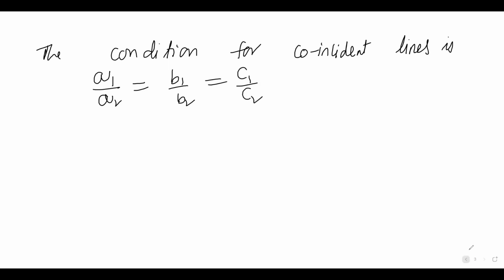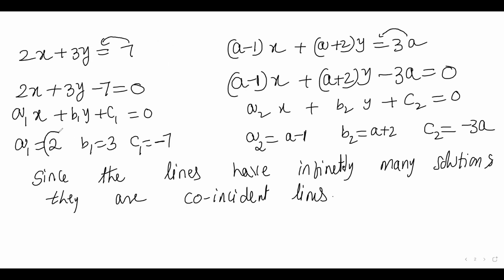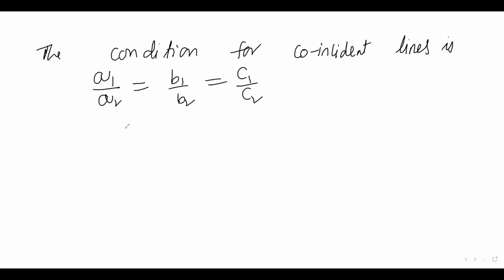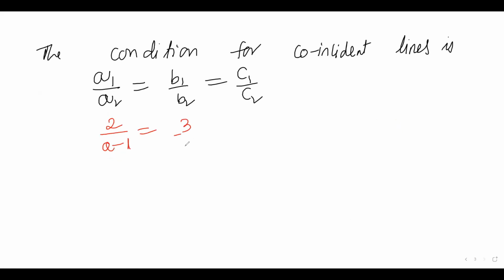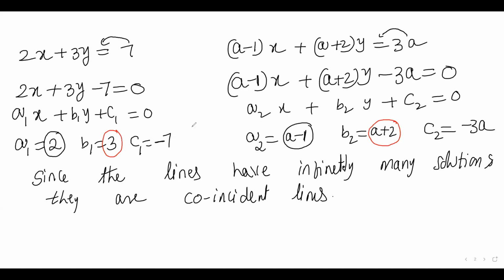Let us substitute a1, a2. a1 is 2, a2 is a minus 1. So 2 by a minus 1 is equal to b1 is 3, b2 is a plus 2, equal to c1 is minus 7, c2 is minus 3a.